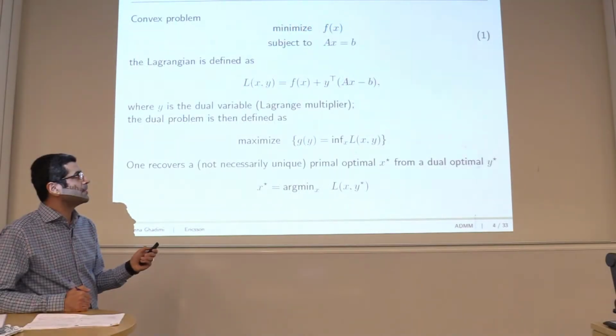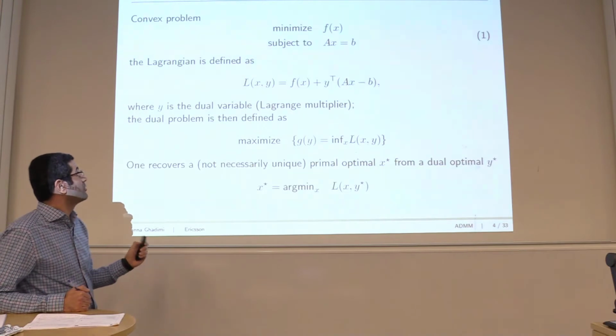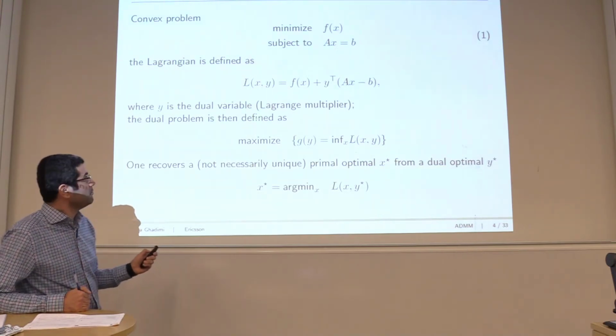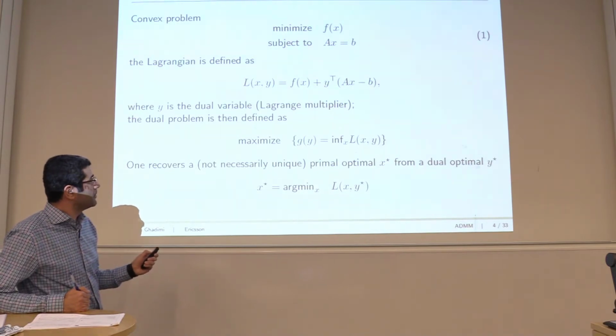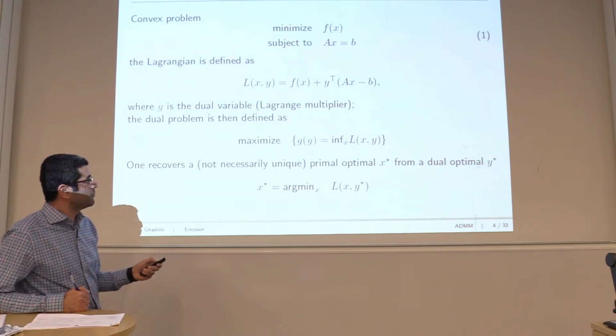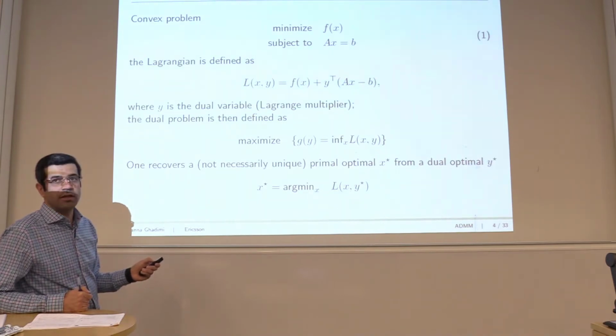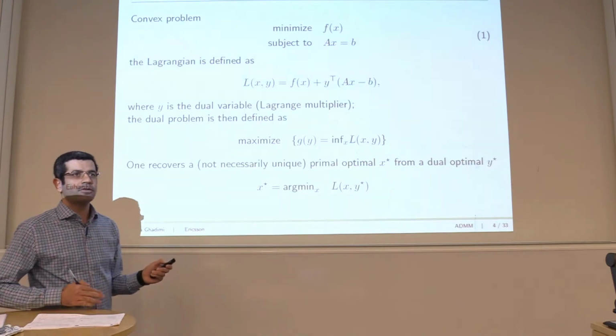So intuitively, we can formulate this function, which is called the Lagrangian. And one way to solve this entire problem is to apply so-called duality theory. First, you formulate the so-called dual function, which is basically an infimum of this Lagrangian with respect to the x variable. So what it means is you do your best.